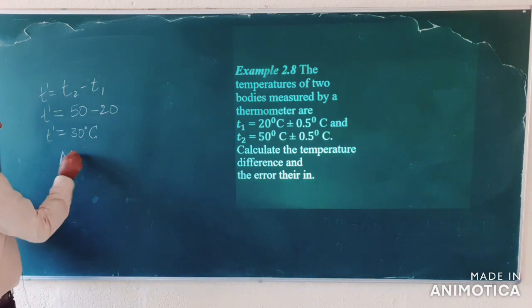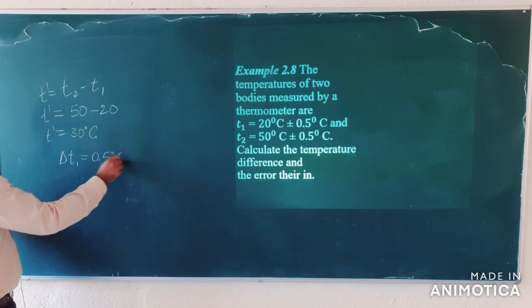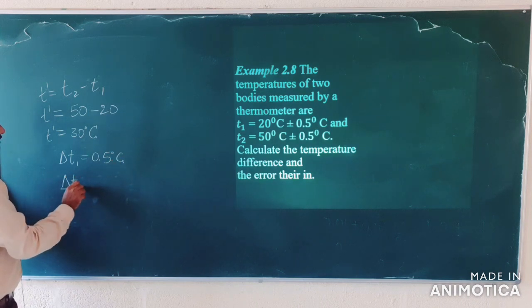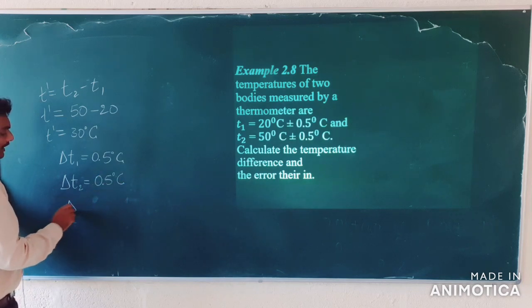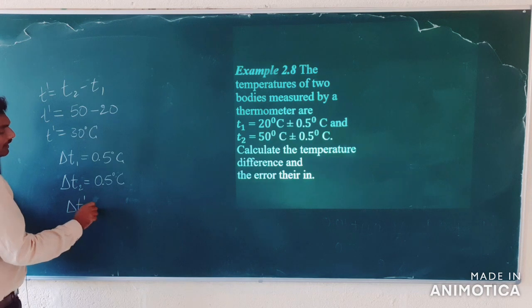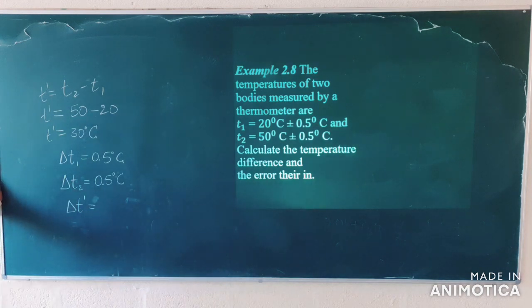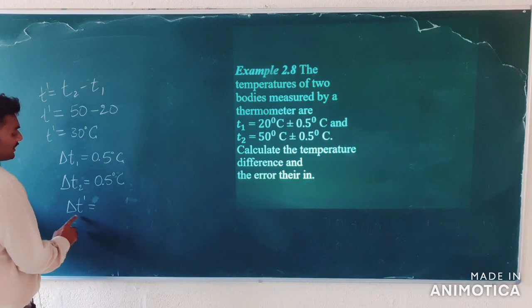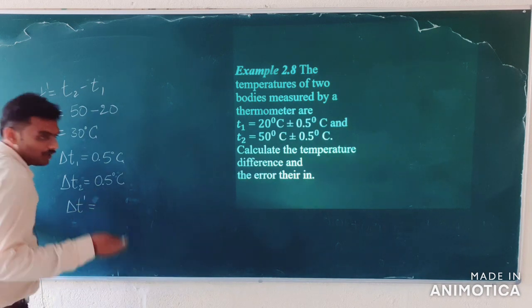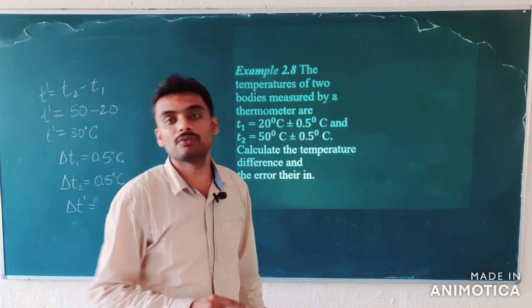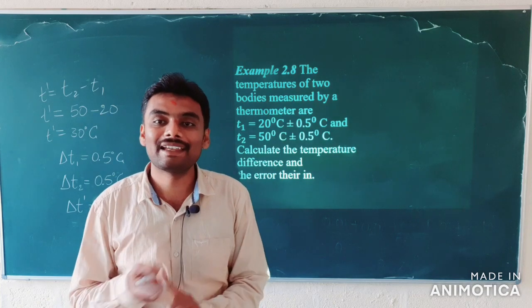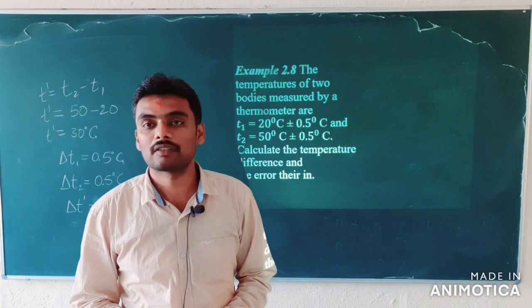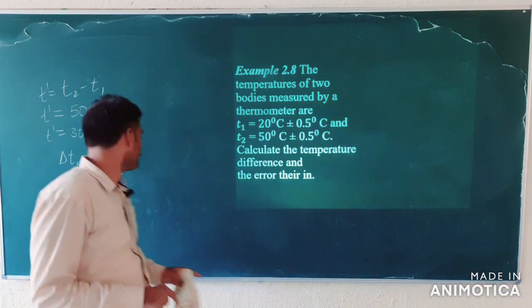But see, here we have delta T1, the error in the first measurement, which is 0.5 degrees Celsius. We also have delta T2, the error in the second measurement, which is also 0.5 degrees Celsius. What we need to calculate is the total error in the difference of the temperatures, which is delta T dash. We all know that whether it is addition or subtraction of two measurements, we always add the errors to get the final error of the calculation.